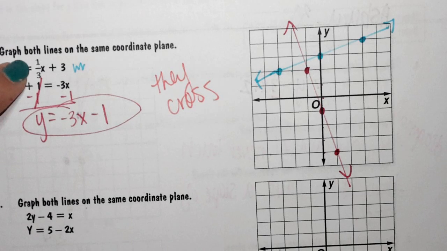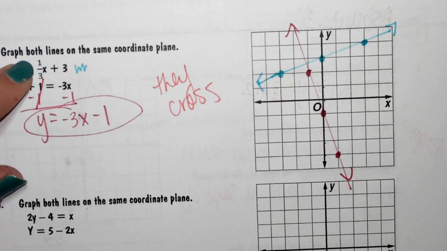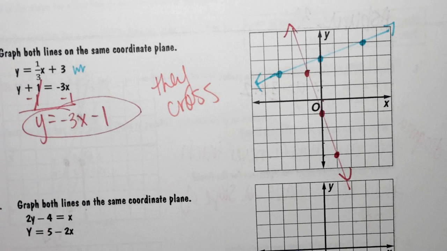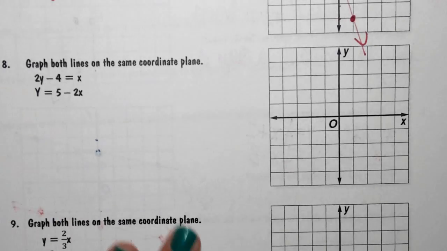This one's positive, right? And what's this one? Yeah, it's negative. All right, this is 1/3, right? What's this? Negative. So they're all different. So could you just flip 1/3 over? And that would give you 3, right? Oh, yeah. Now let's see if that stays true here. Let's look at number 8.